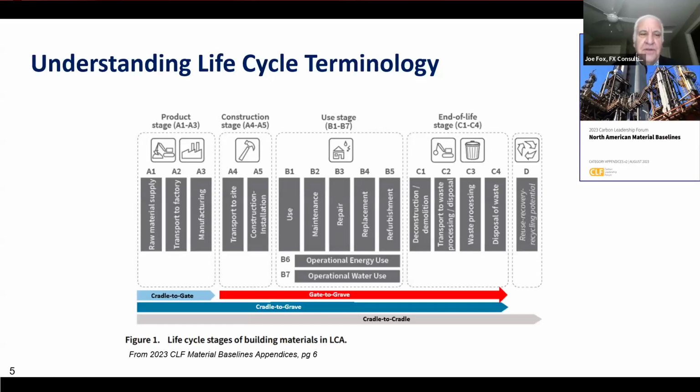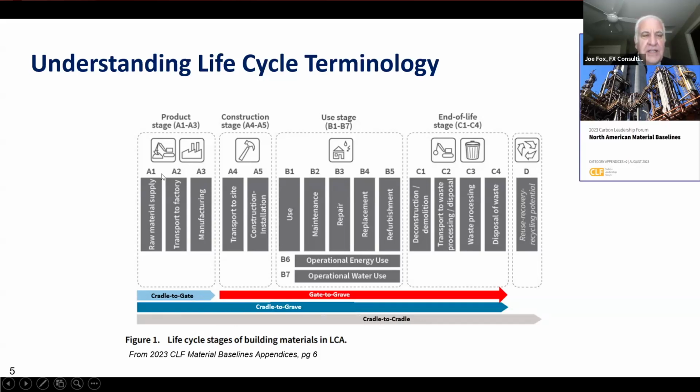This slide contains a figure that I really like. It comes from the Carbon Leadership Forum. And I like it because it shows all of the different stages in the life cycle of a building material. It shows the different stages, and it defines terms like cradle to gate, cradle to grave, cradle to cradle.